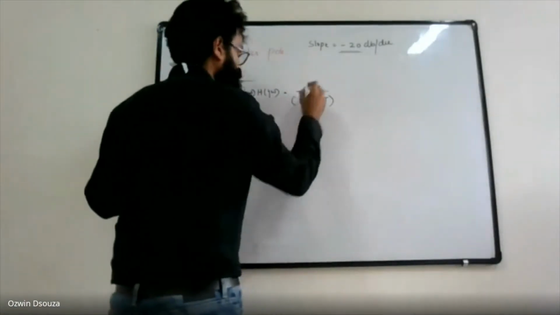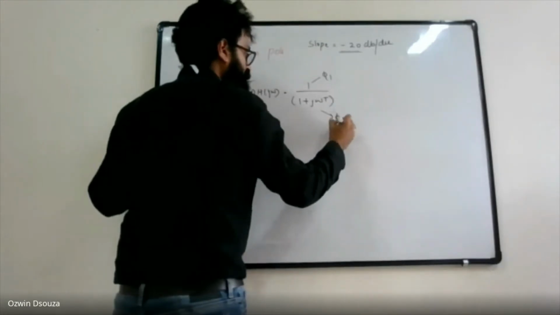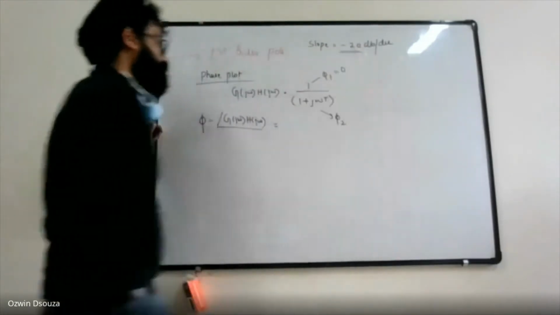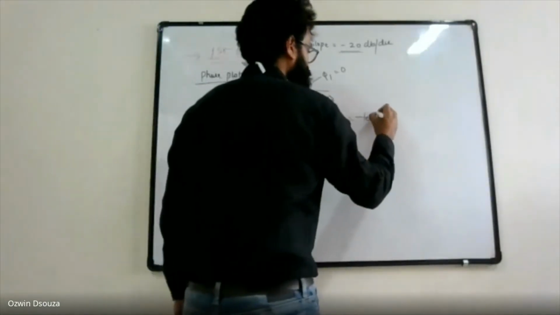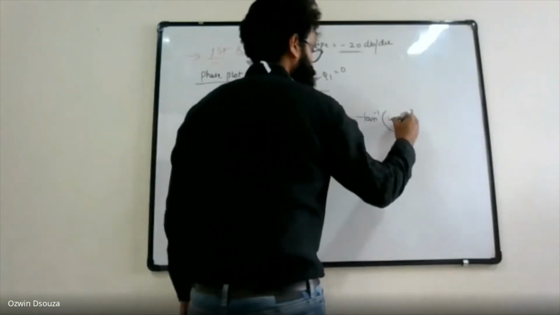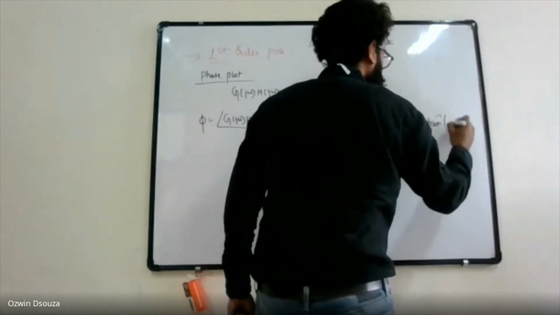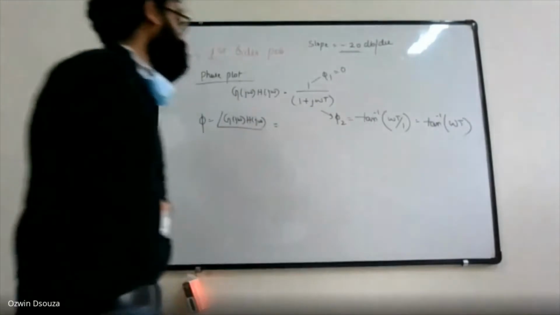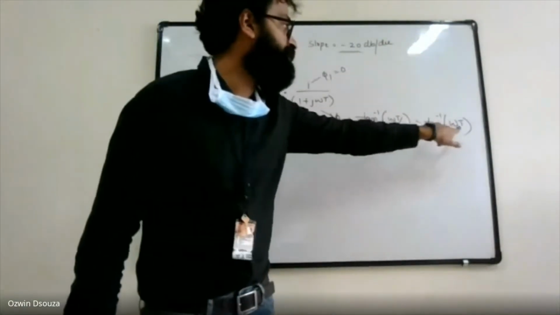Let's say this is phi 1 and this is phi 2. So phi 1 is 0, right? And what is phi 2? Phi 2 is tan inverse of y by x, so it is omega t divided by 1, which is basically omega t.